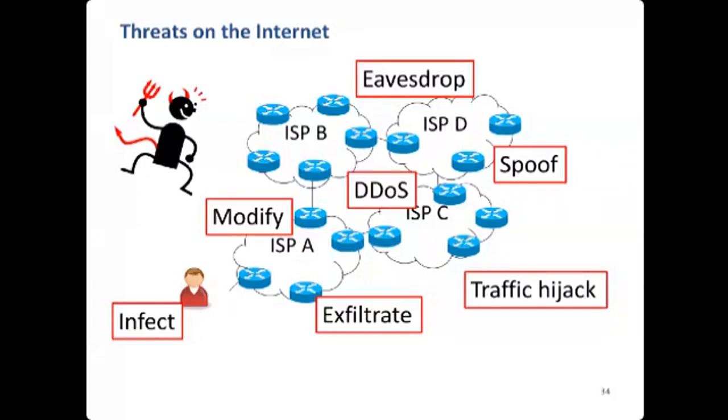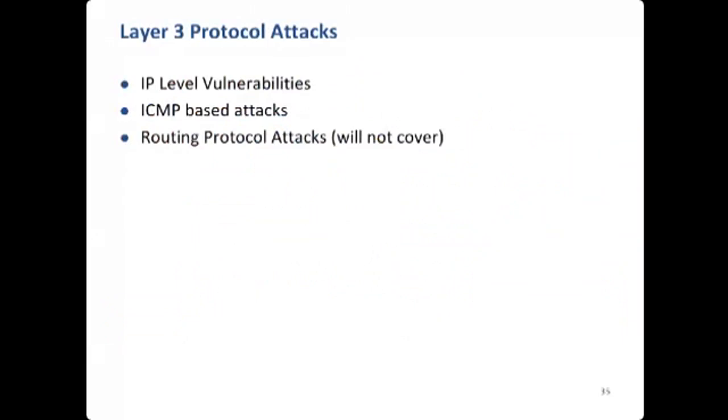A router in China can advertise that it has a route for the rest of the world with minimal cost. Then all routers will accept that and send packets to this Chinese router, and then it will do whatever it wants. So all these are possibilities.